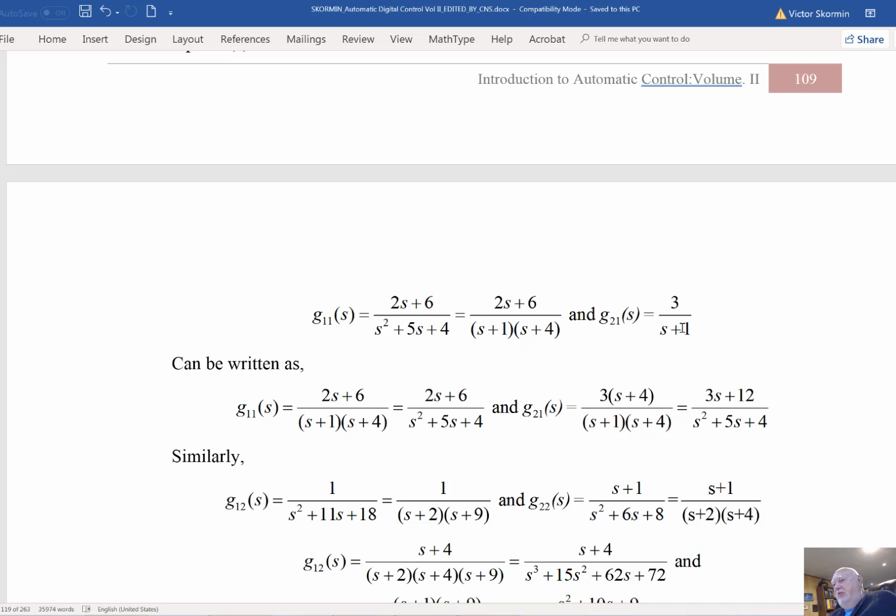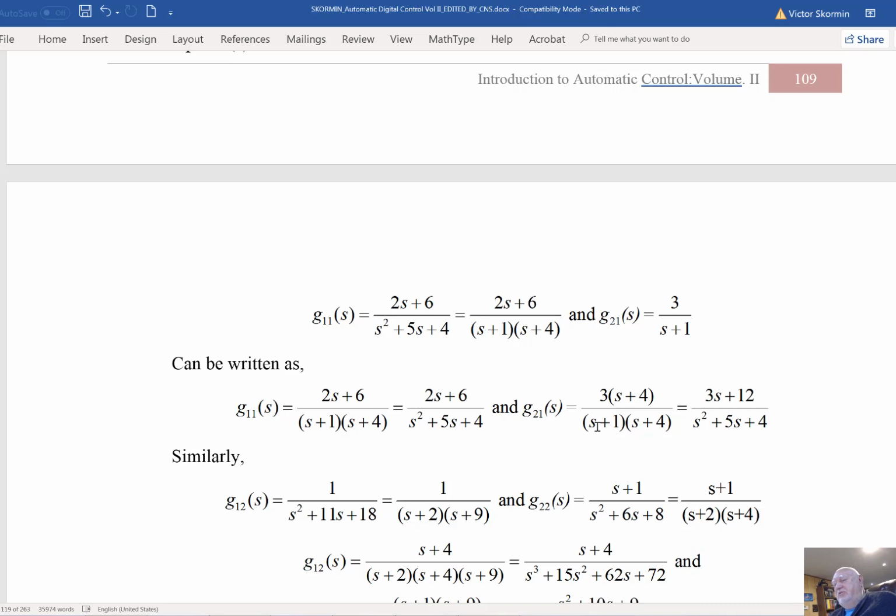Next, what I want to accomplish is to establish a common denominator for transfer function G11 and transfer function G21, two transfer functions that belong to the same column of the transfer matrix. And this is what I do. The common denominator actually is s plus 1 times s plus 4.